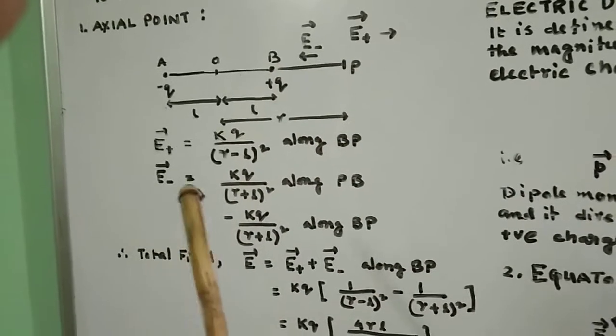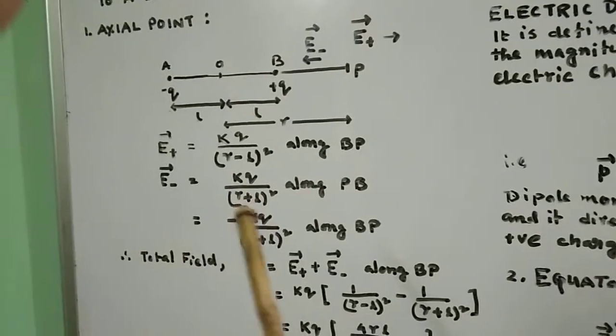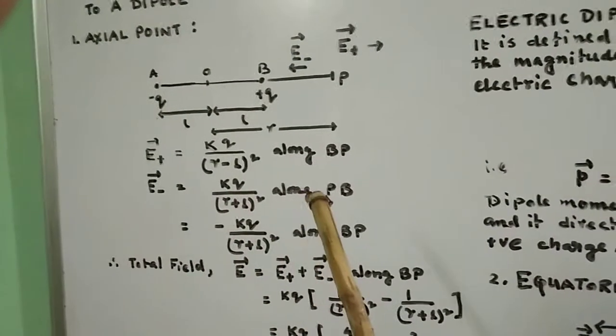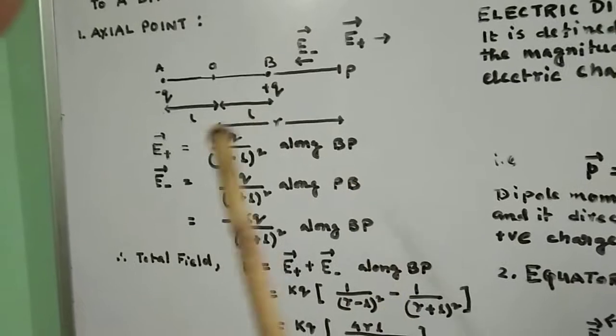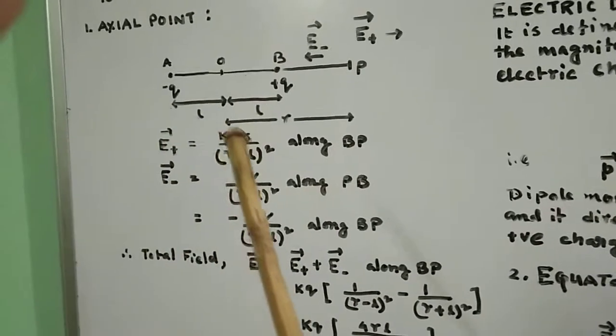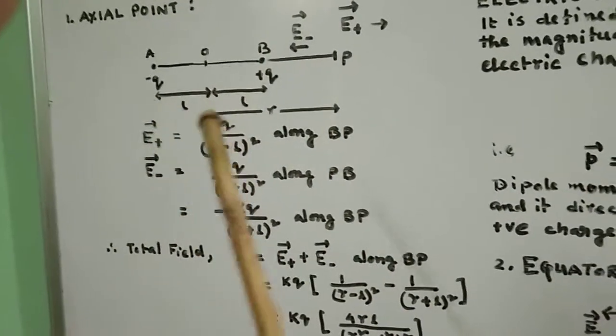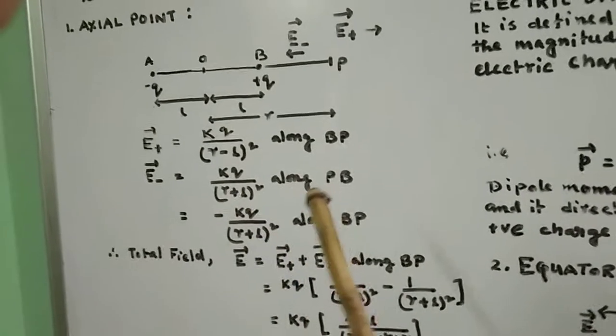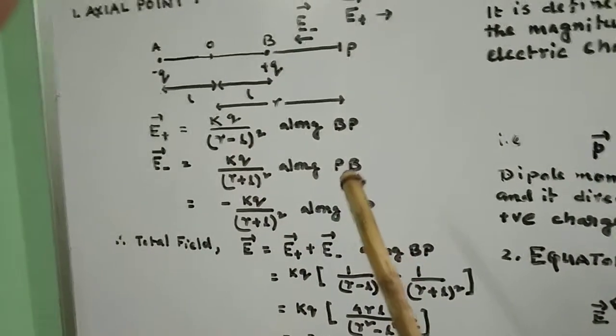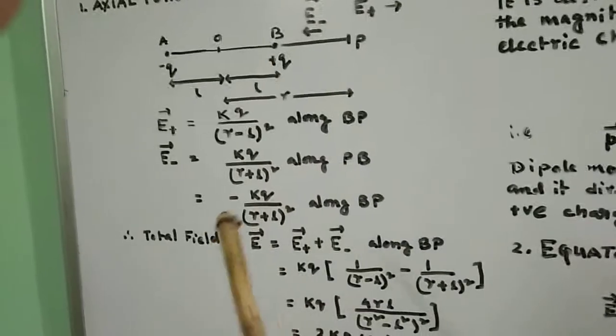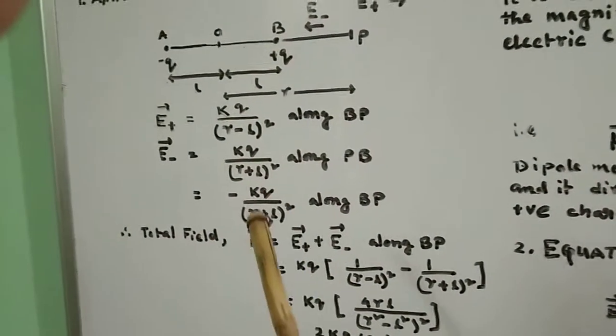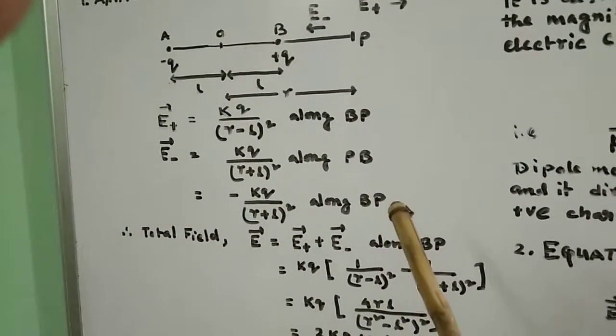E minus vector is KQ over R plus L whole square along PB. If you consider minus Q, it becomes easier: from here to here is R and here to here is L, so R plus L whole square along PB. To make this along BP, you insert a negative sign, that is minus KQ over R plus L whole square along BP.